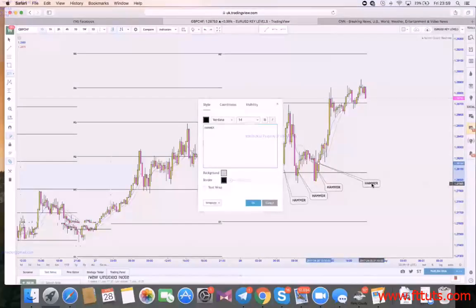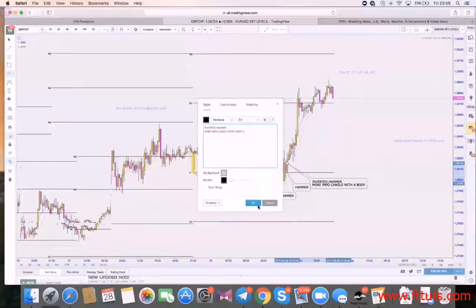I will classify this as an inverted hammer. More importantly, a candle with the body showing that buyers have entered into the market.